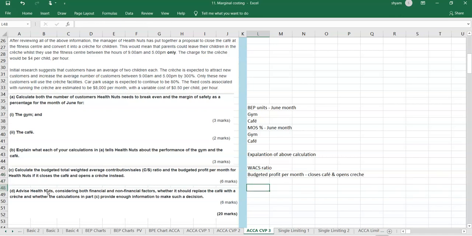Then advise Health Nuts, considering both financial and non-financial factors, whether it should replace the cafe with the Screech, and whether the calculation in part C provides enough information to make such a decision. So they're asking whether the information is enough, and they're asking for an explanation of the above calculations.